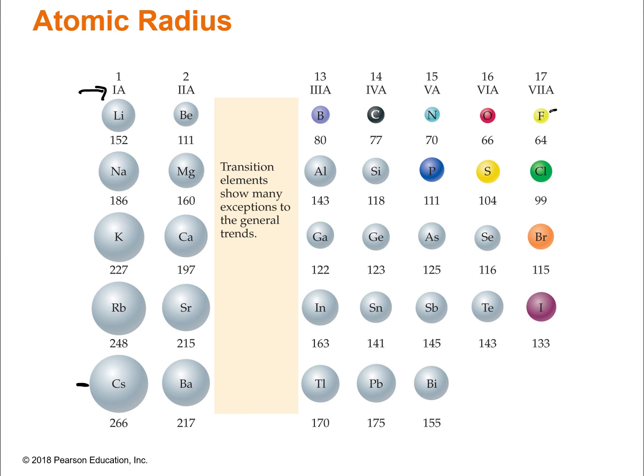The smaller you are, the further to the right you are. So you'll need to be able to compare the different atoms on the periodic table. So if I asked you which one is smaller, potassium or fluorine, you'll need to know that it's fluorine because it's really far to the right on the periodic table. Does it make sense what you're going to need to know with the atomic radius trend?